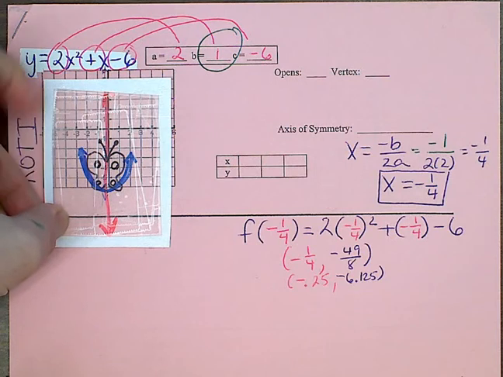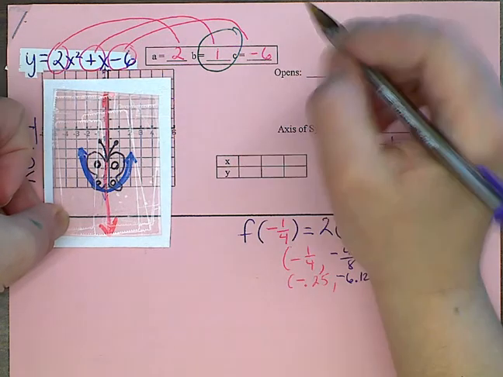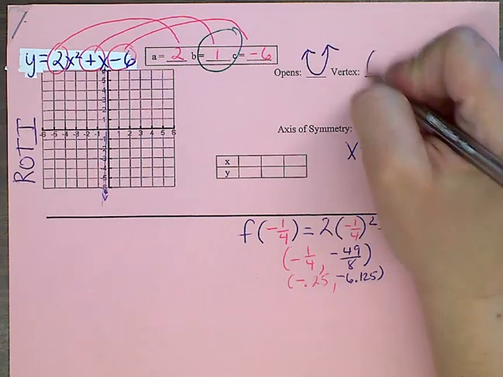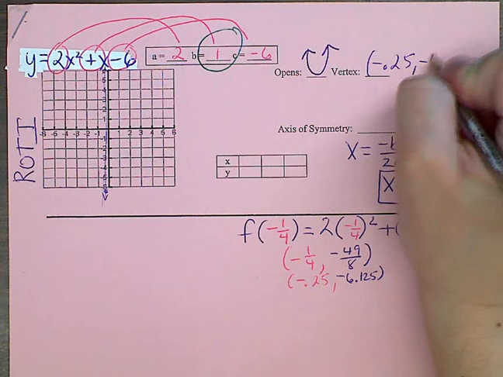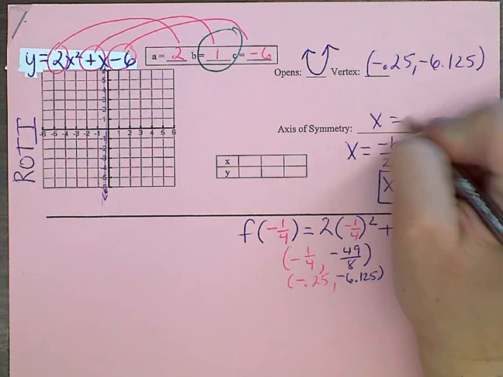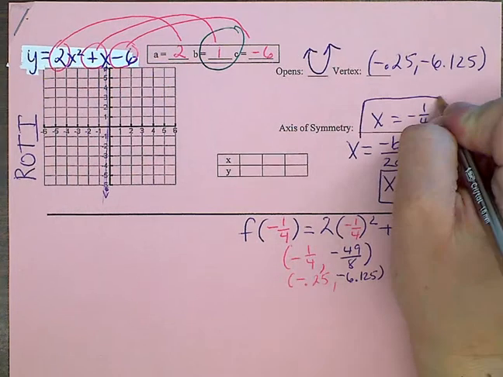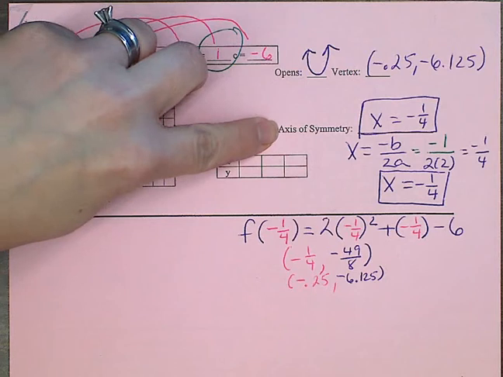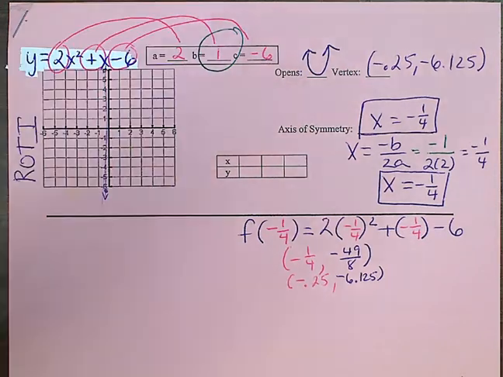Since the a value is positive, we know that it's going to open upward. That dot was called the vertex, and the axis of symmetry was x equals negative 1/4. So a couple things you just might want to check out on your homework. Do you have the axis of symmetry as an equation, and do you have the vertex as a point?